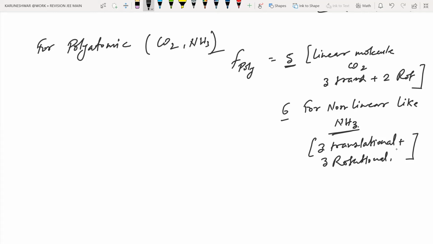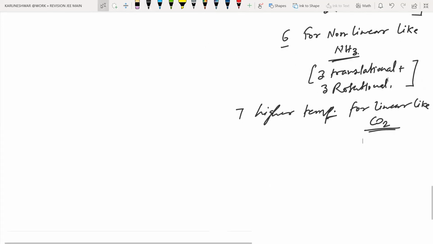Sometimes it happens that we are having polyatomic 7 also. That 7 can be considered at higher temperature. When we consider higher temperature for a linear molecule like CO2, why does it happen to be 7?